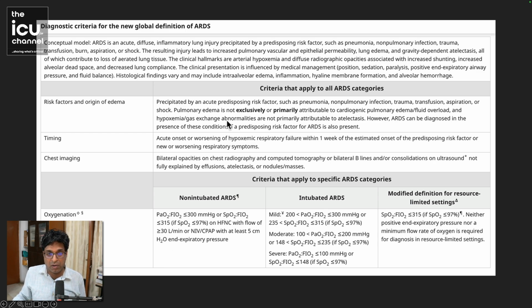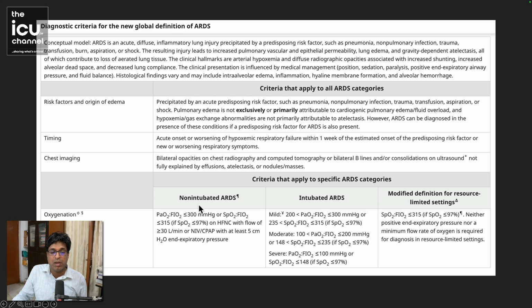So all these criteria present. In a non-intubated patient, either on HFNC flow more than 30 liters, or NIV PEEP of at least 5, or CPAP pressure of at least 5, if the PaO2/FiO2 ratio is less than 300 or the SpO2/FiO2 ratio is less than 315, with the condition that saturation should be less than 97%, we call it ARDS.